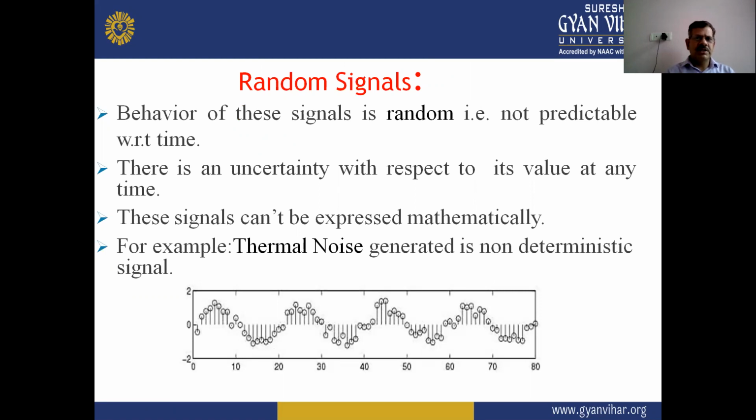Random signals: the behavior of the signal is random, not predictable with respect to time. There is an uncertainty with respect to its value at any time, so these signals can't be expressed mathematically.